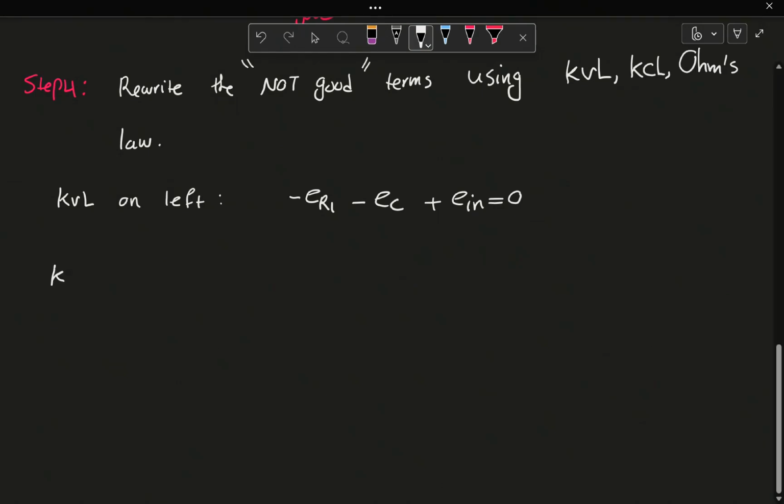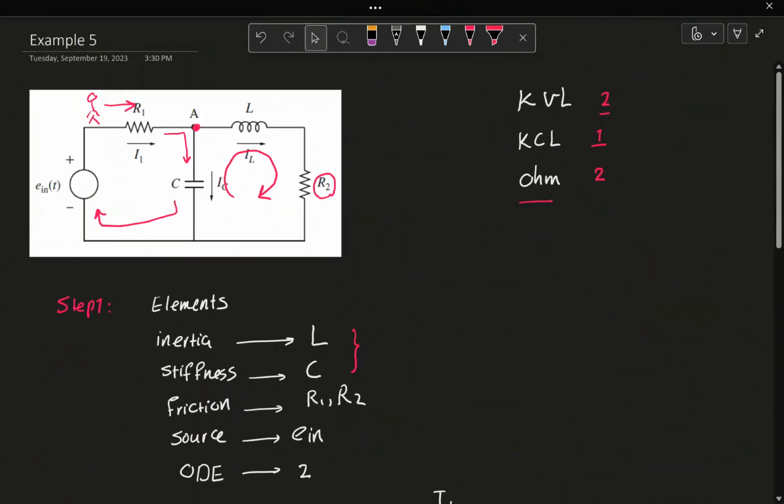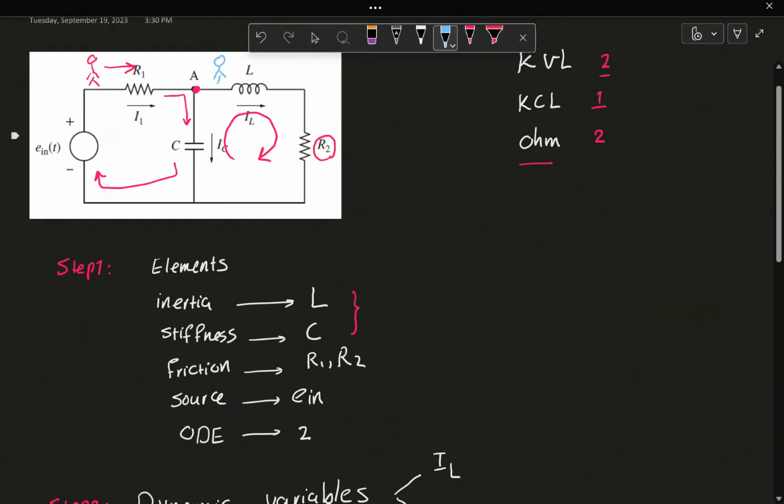Now, let's go to the KVL on the right loop. Similarly, at this point, imagine that I am the blue guy right now, and I'm going to walk on this circuit in the direction that I show you.